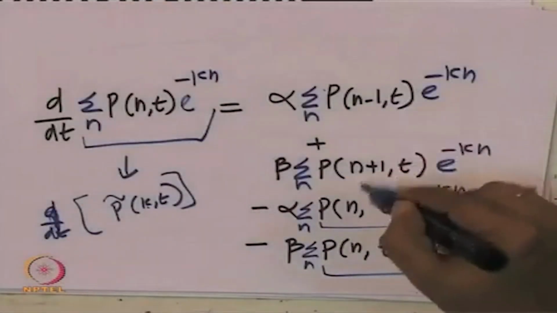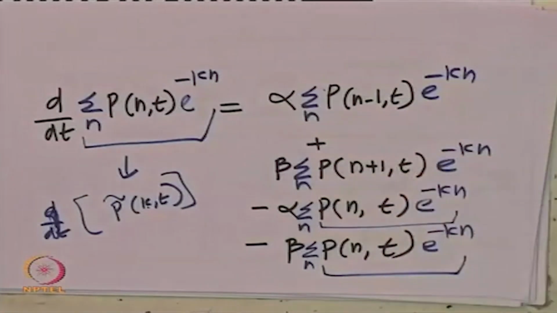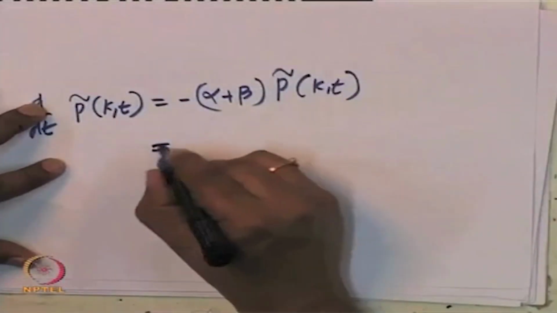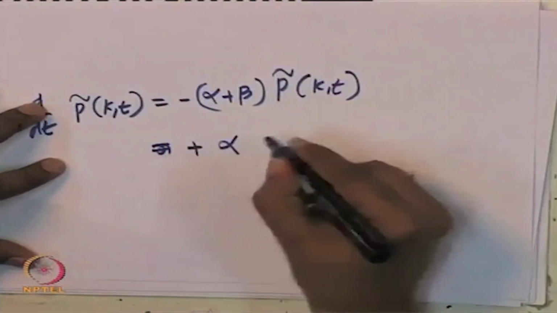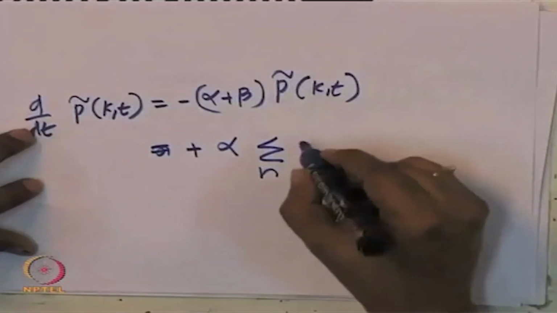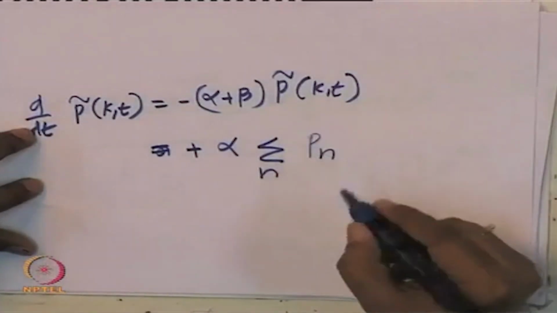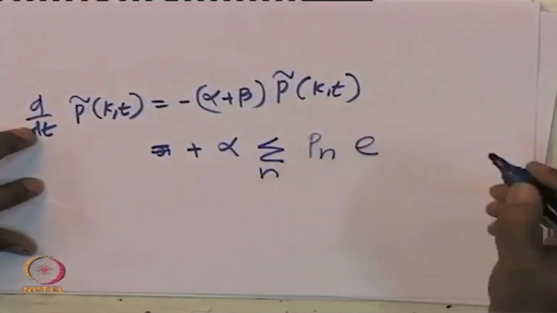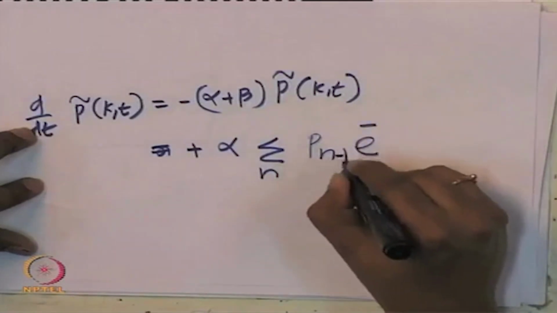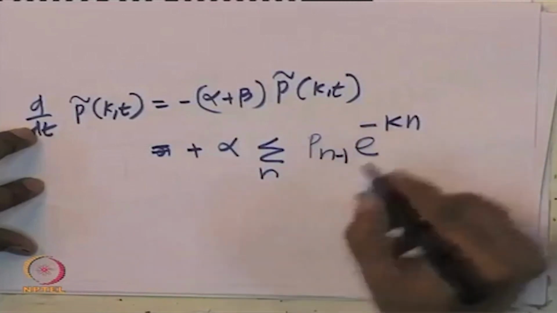Now, I have to do these two terms, but let me write them in this particular way. So, this is plus alpha into sum over n p n minus 1 e power k n.